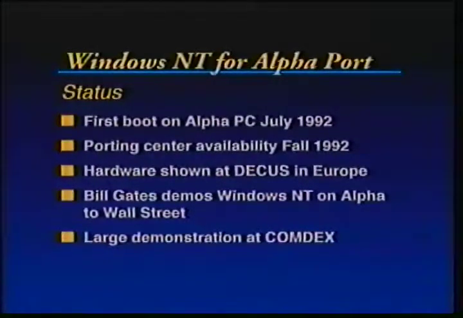Bill Gates did a widely publicized demo of Windows NT on Alpha on Wall Street, and we had large demonstrations of both Alpha PC hardware as well as a lot of applications at the big Comdex PC show in Las Vegas back in November. Since then, the Alpha PCs are being seen far and wide at a lot of shows, and as I mentioned earlier, being reviewed by a lot of the PC magazines.